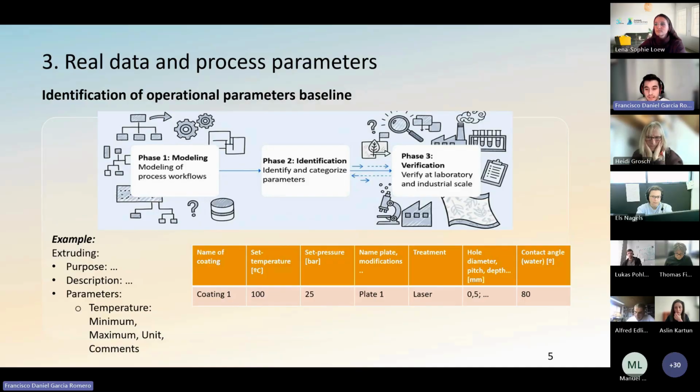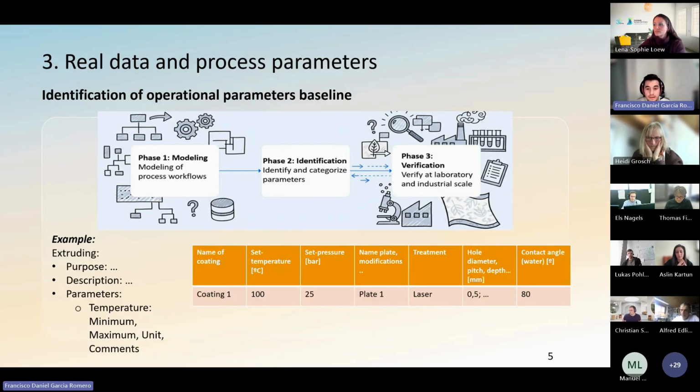But for example, you have the key data we needed, which was the contact angle resulting from different experiments. You will have a set of data that contains the name of the coating you are using, temperature, pressure, and different other conditions that will lead to a final measurement of contact angle that can tell you how hydrophobic, how oleophobic that specific coating can be with those specific parameter values.